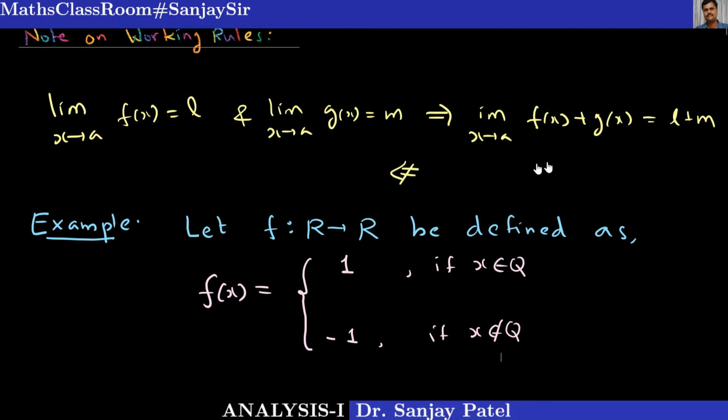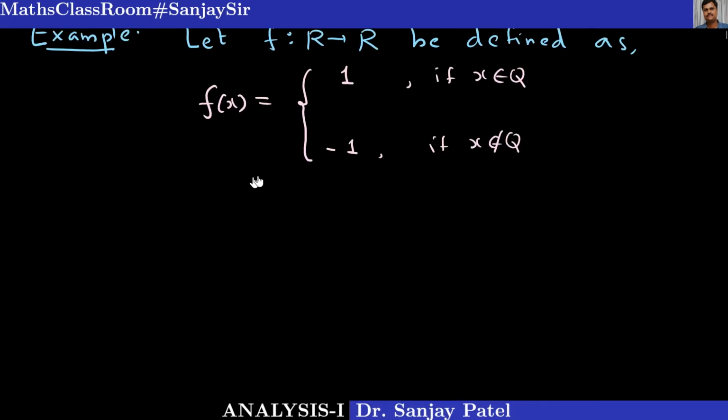This example is a very useful and important one to discuss counter examples for the converse not being true. Like one of the things is that limit x tends to a of f x plus g x is equal to L plus m, but we can have the limit of f x and the limit of g x not exist. So I will make use of this example.